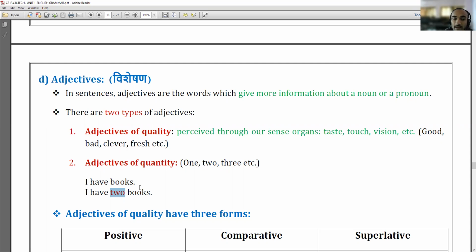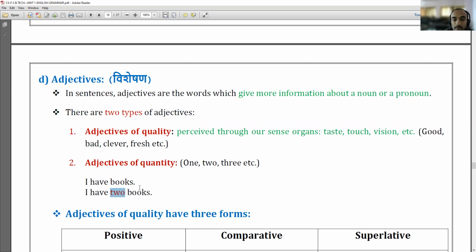And we can see that there are 2 types of adjectives. The first type is adjective of quality. Whatever qualities a person, place, thing or object is having, we can call it with adjective of quality.